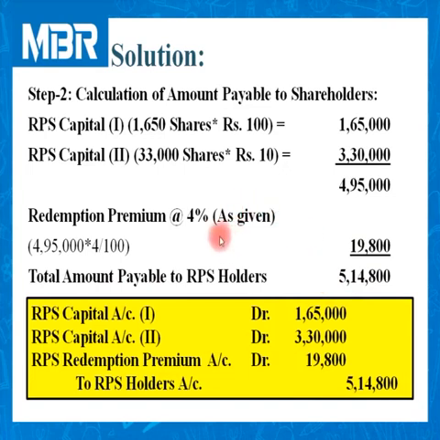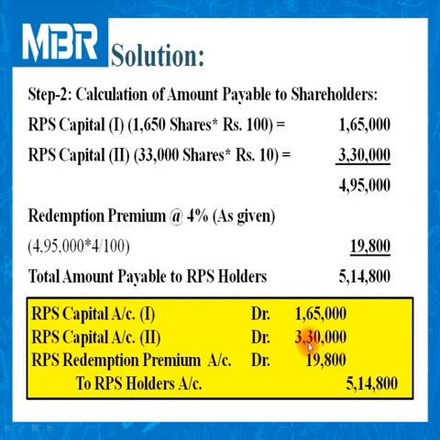Journal entry for this transaction is very simple and routine. We have passed this kind of entry a number of times in previous questions. RPS capital account debited 1,65,000. RPS capital account debited 3,30,000.